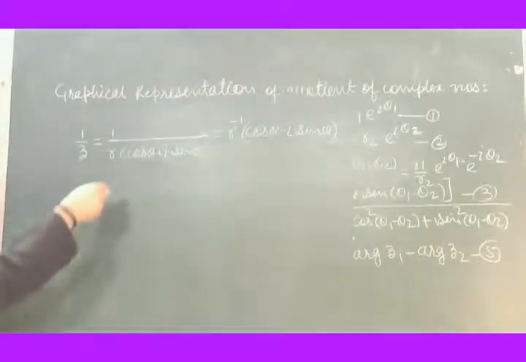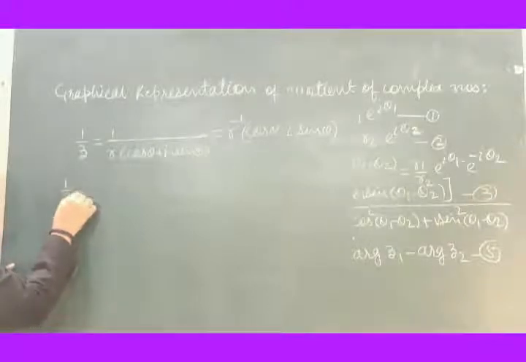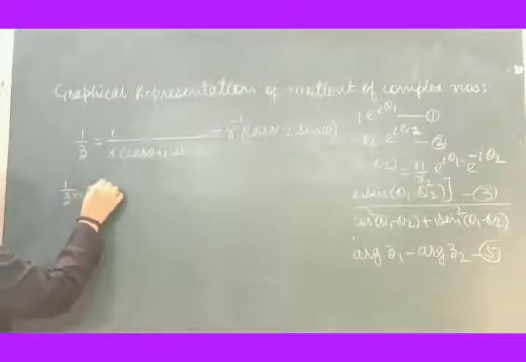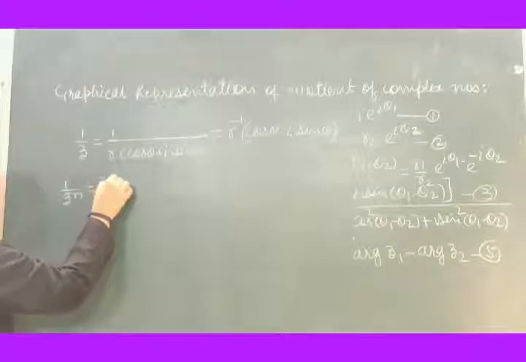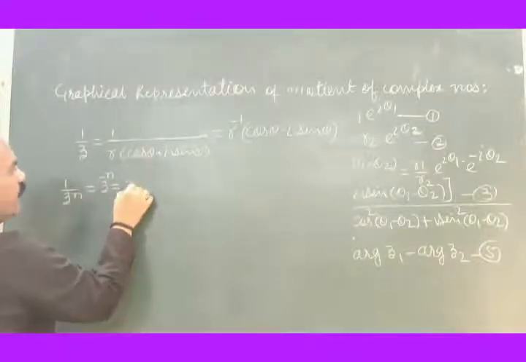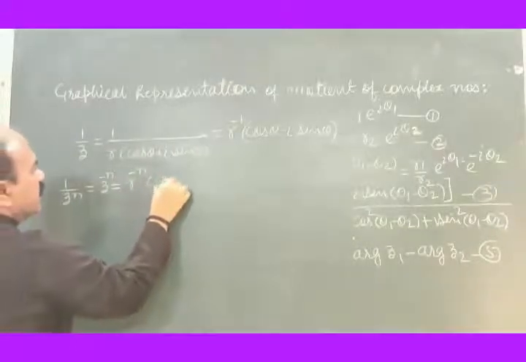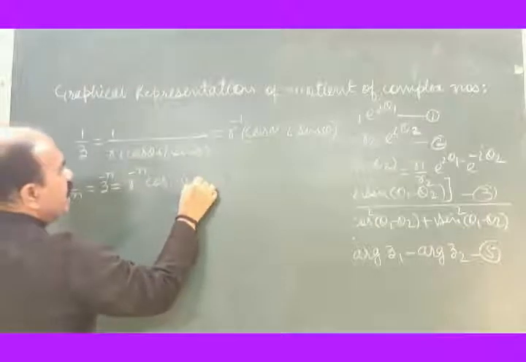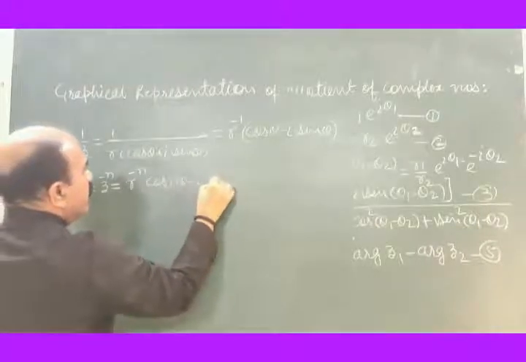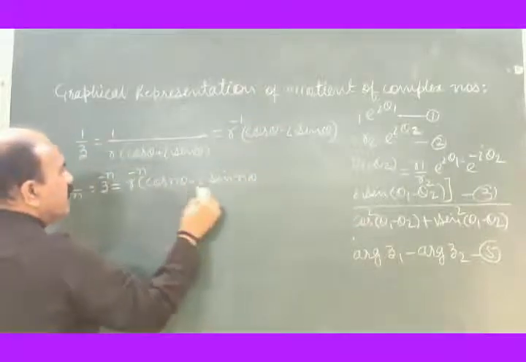Or the same equation can be written as 1 by z to the power n is equal to z to the power minus n is equal to r to the power minus n into cos n theta minus i sin n theta.